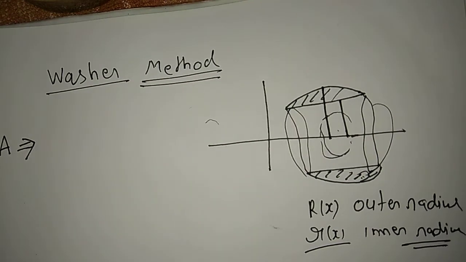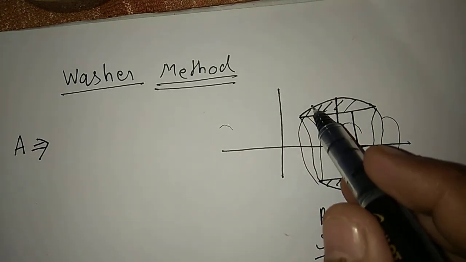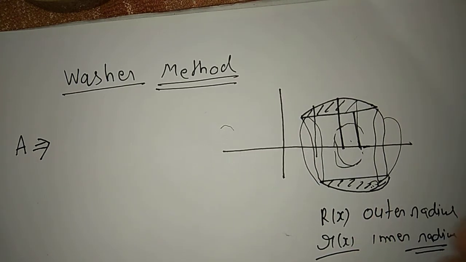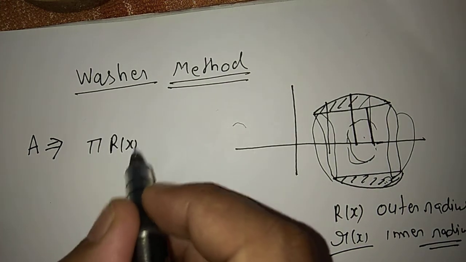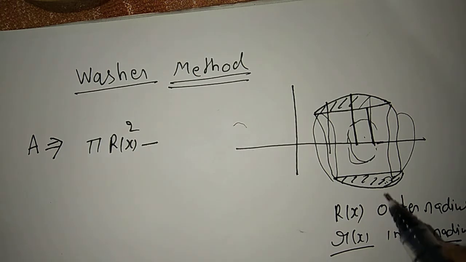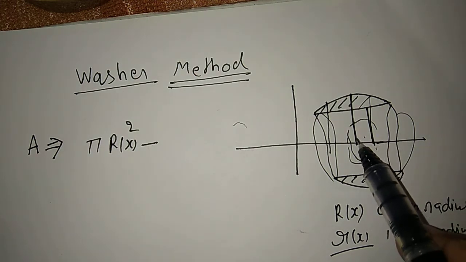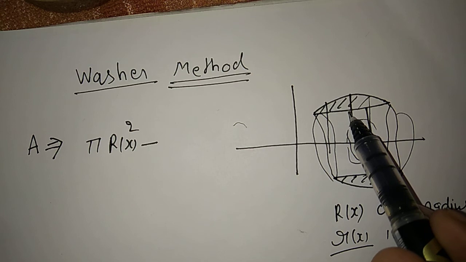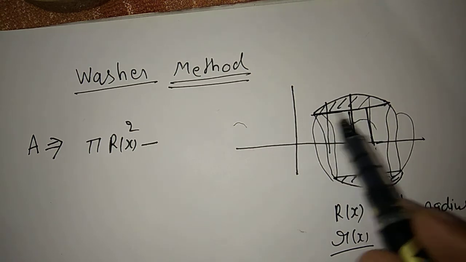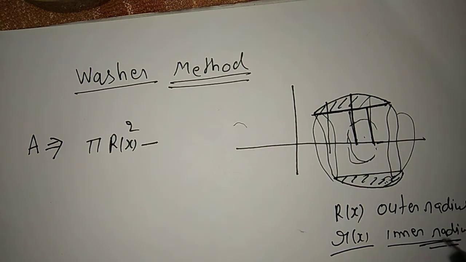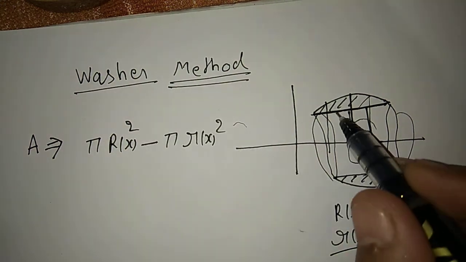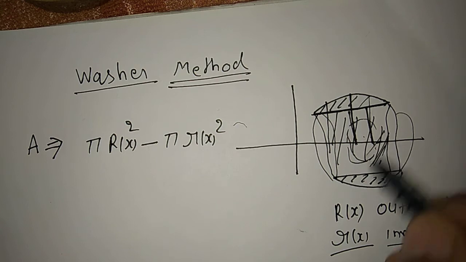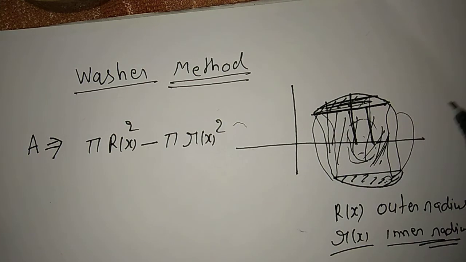If you rotate this whole outer radius, we get the complete volume, so we get pi R square. Minus, if you rotate this lower region, that is the inner radius, so minus pi r square. So we get the lower volume, and if you subtract, we'll get the required volume here.